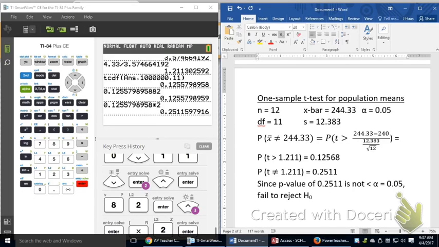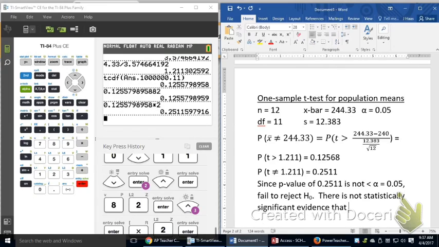Now, if you fail to reject your null hypothesis, that means there is no statistically significant evidence that my alternate hypothesis is true.